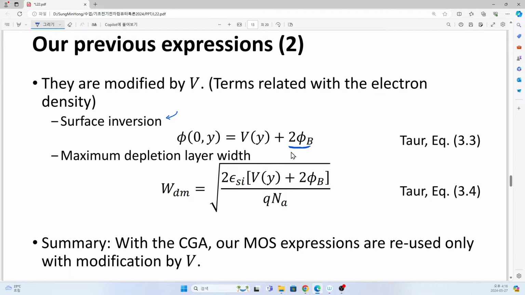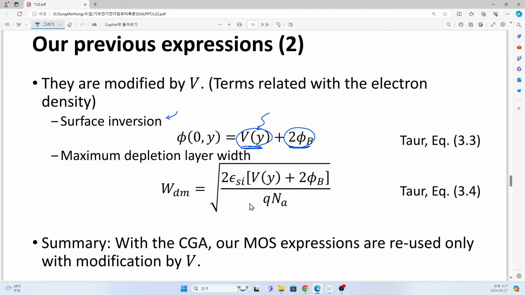Previously, it was sufficient to just bend our conduction band 2 times phi b, but now we have to consider the additional V because our offset is given as minus V. So that should first be cancelled by this amount of voltage, then band bending. After that, we must apply another 2 times phi b band bending.